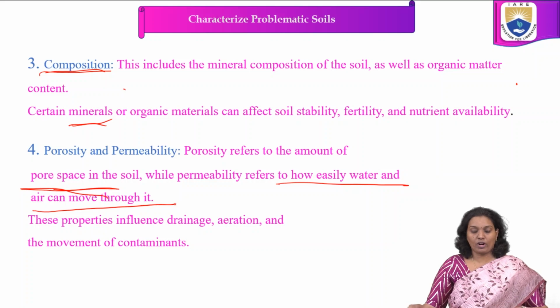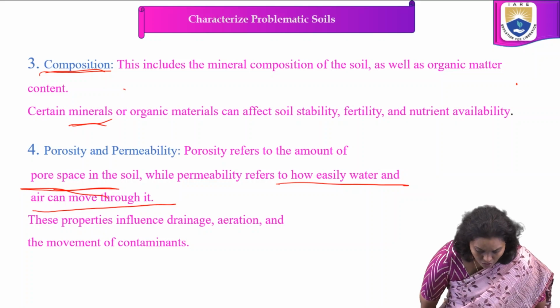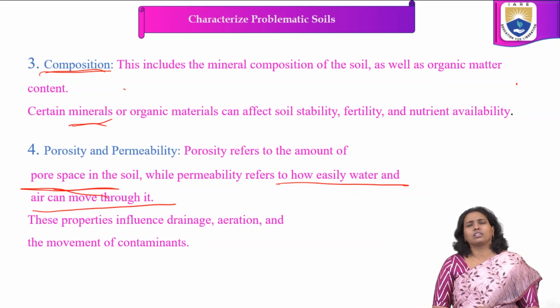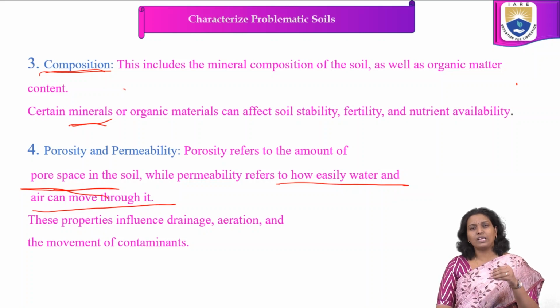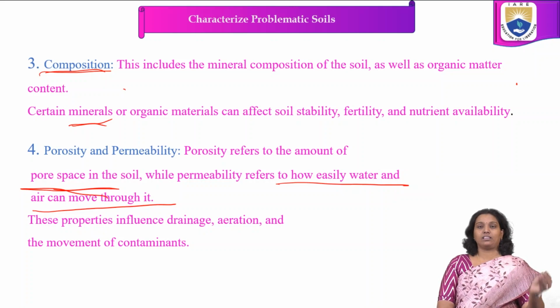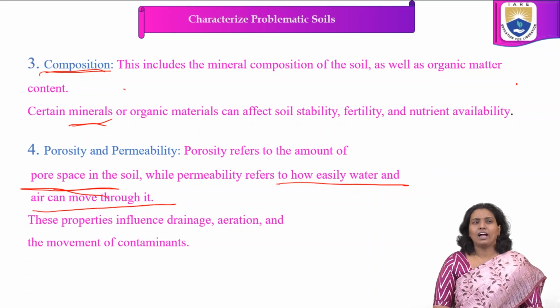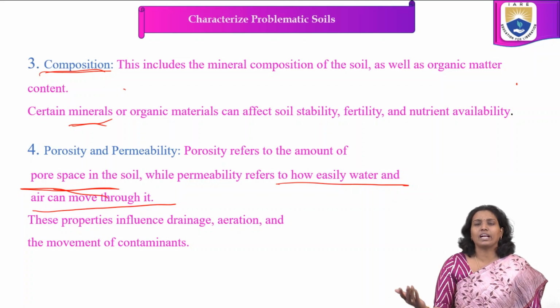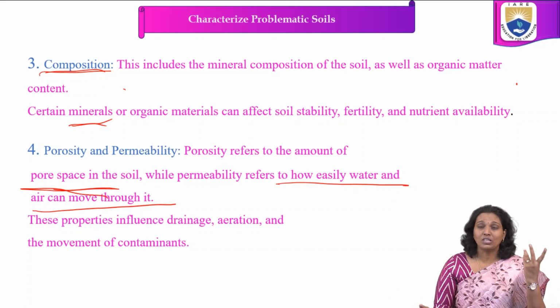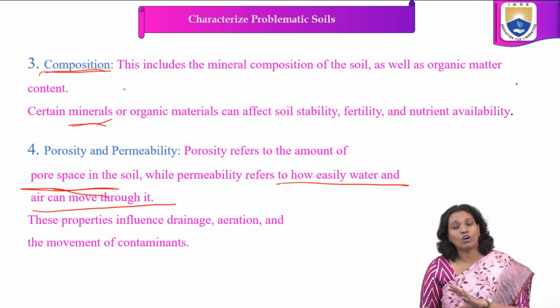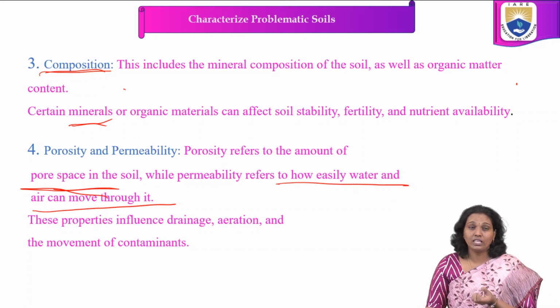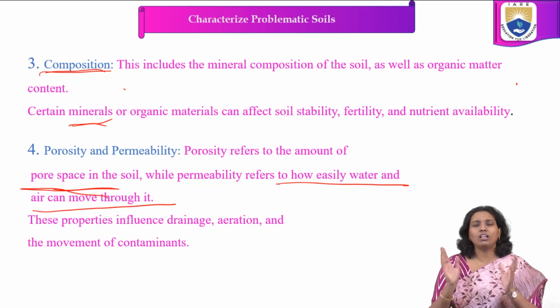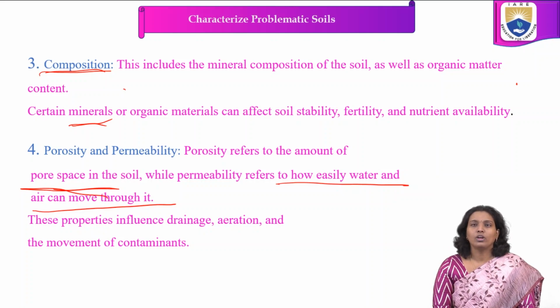Based on which type of air is going to move through it, how moist it is, how much time, and what percentage of water the type of soil is going to absorb, all these parameters influence porosity.